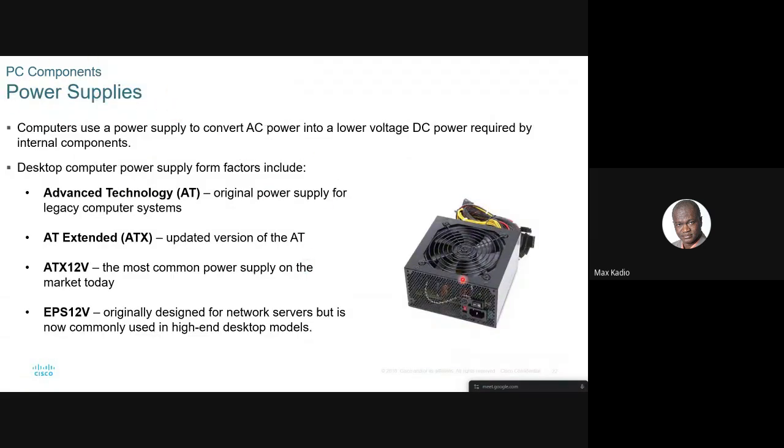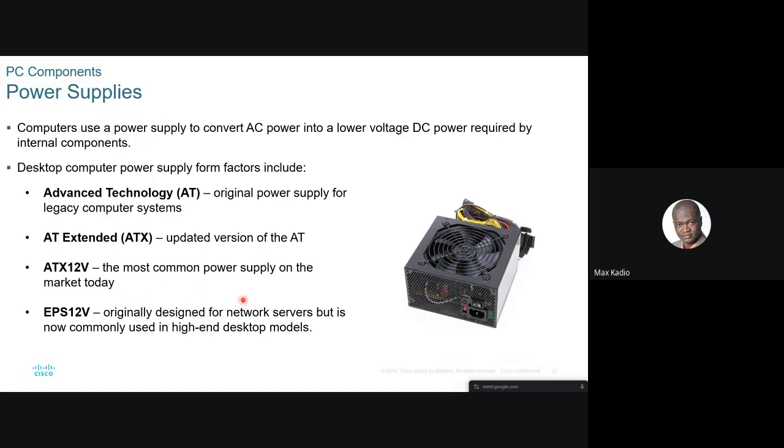Power supply brings power into your PC. According to the shape of your case, it can be small or big. We have different types of power supplies, depending on the shape of your PC.